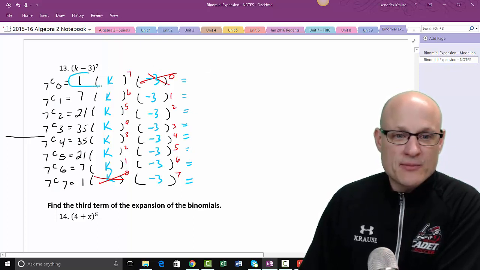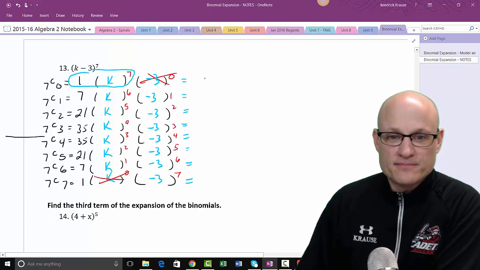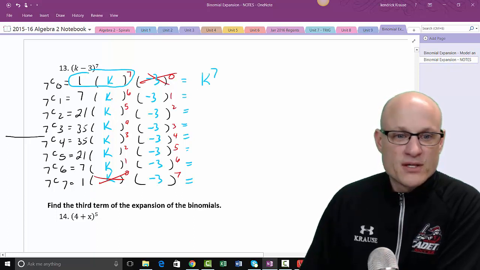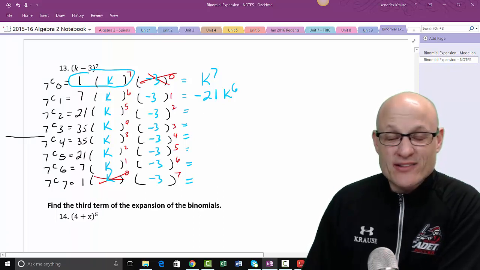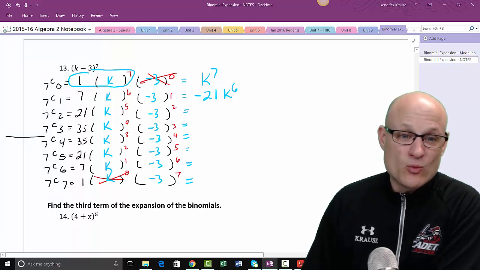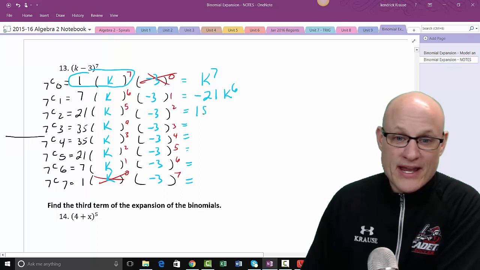So 1 times K to the 7 is just K to the 7. 7 times -3 is -21 K to the 6th. 3 squared is 9. 9 times 21 is 189 K to the 5th.